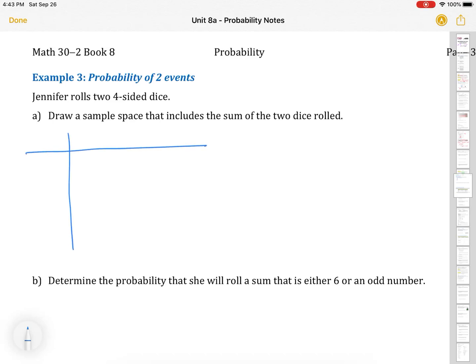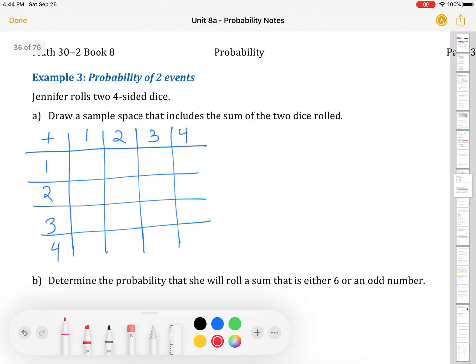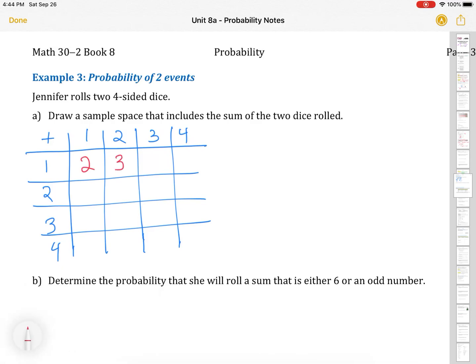So here we have Jen rolls 2 4-sided dice. So 4-sided dice go from 1 to 4. Draw a sample space that includes the sum of the 2 dice rolled. So we're going to create our sample space here. Okay, so here we're going to have 1, 2, 3, 4, and down here 1, 2, 3, 4, and then we're just going to add them.